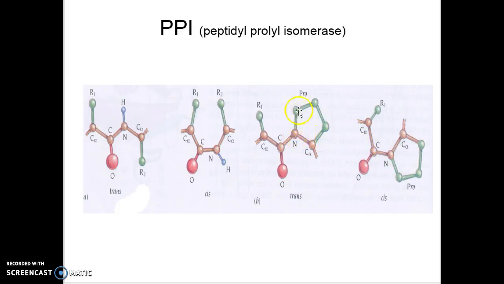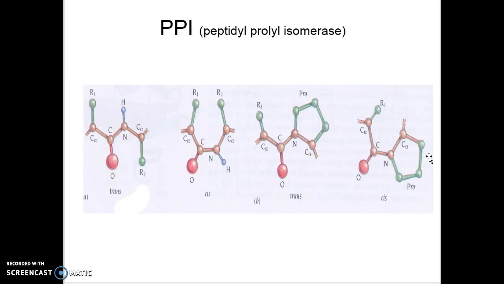See, nitrogen just having identical shape. Slightly different in these regions, but basically due to this kind of similarity, trans and cis forms are virtually similar in their stability. Only 3 or 4 times more stable. That's why in real protein cis forms are actually sometimes present.